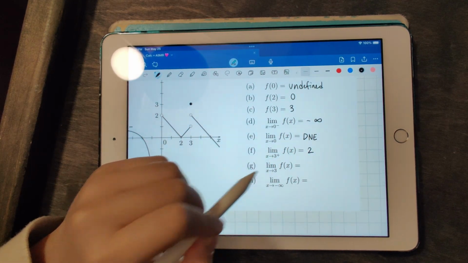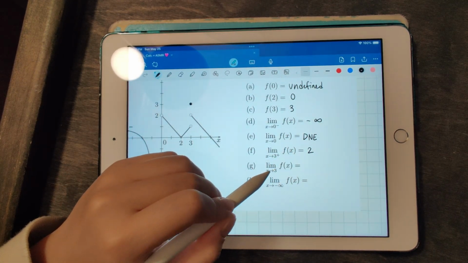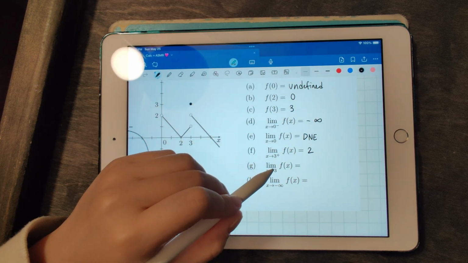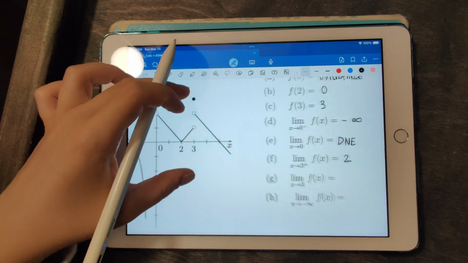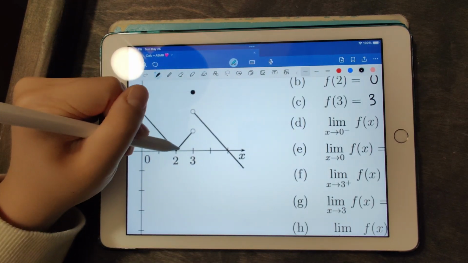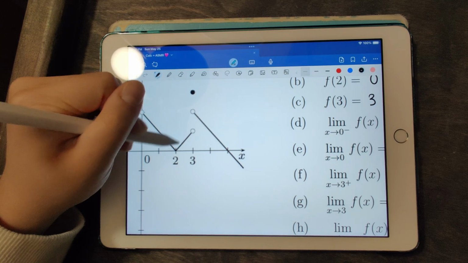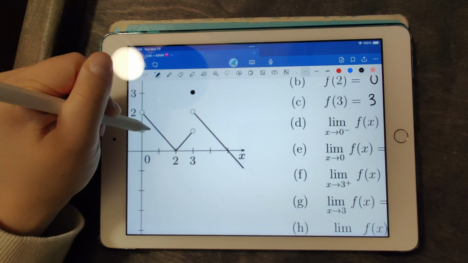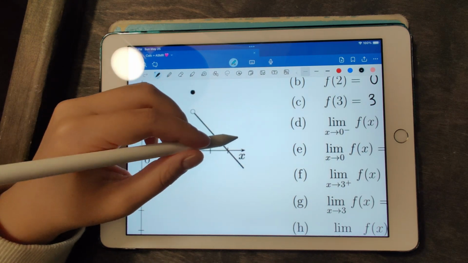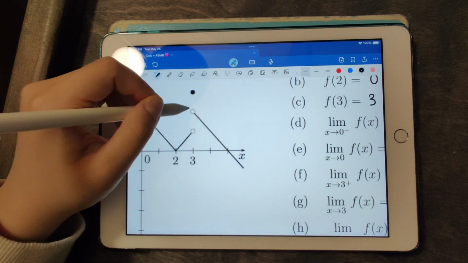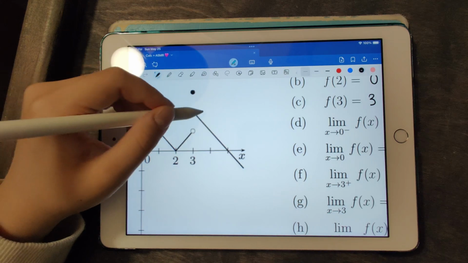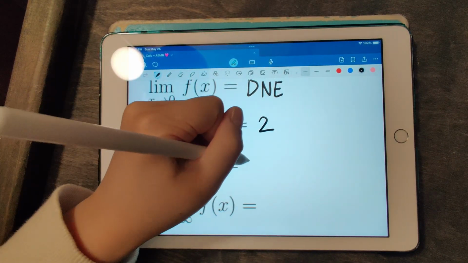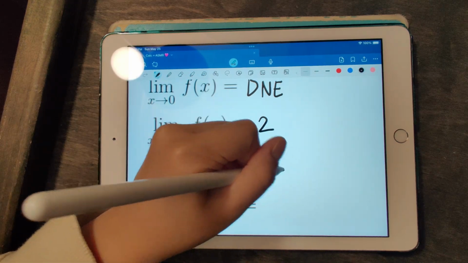Now, once again, this limit does not exist, and that is because the left and right limits are not equal. You can see as x approaches 3 from the left side, f of x approaches 1, whereas if you approach x equals 3 from the right side, f of x approaches 2, and 1 is not equal to 2. So G would be does not exist.